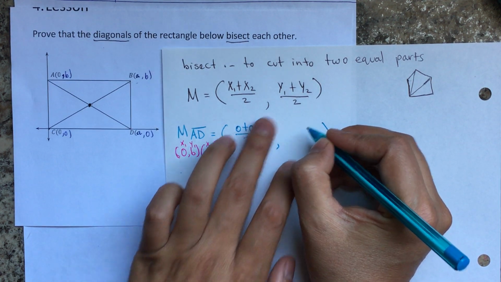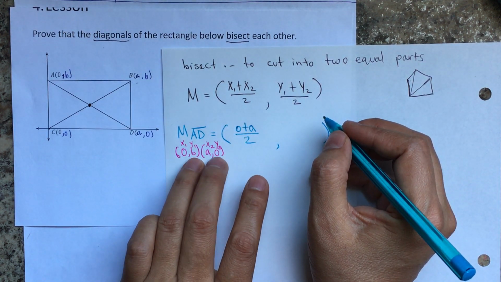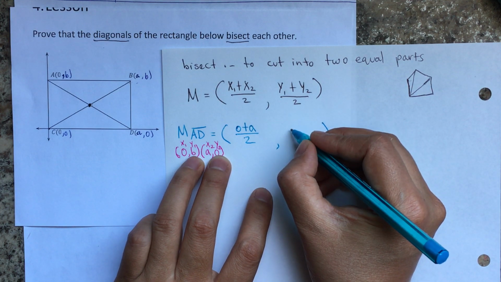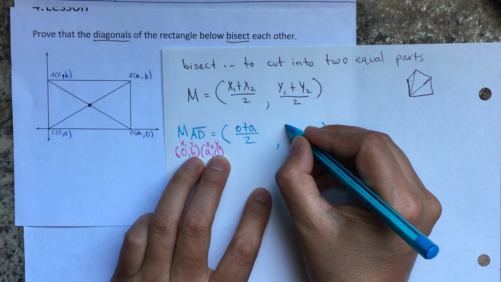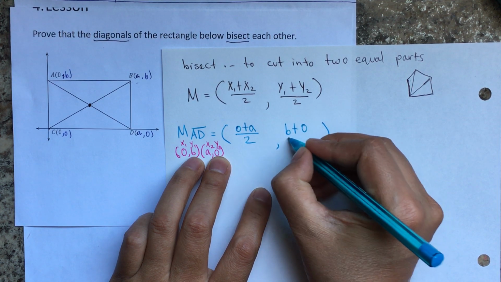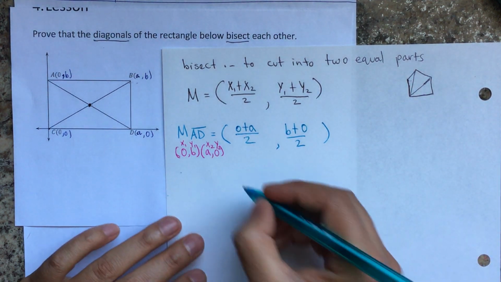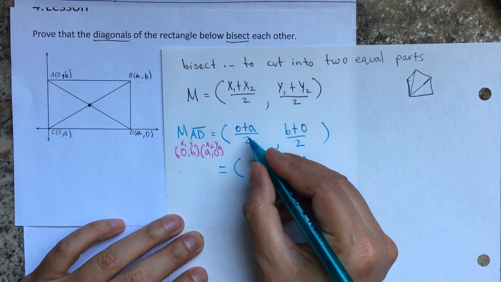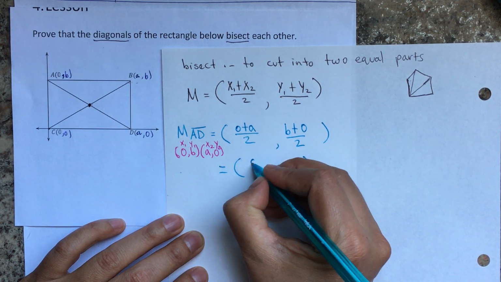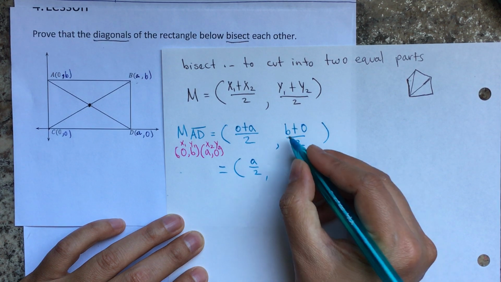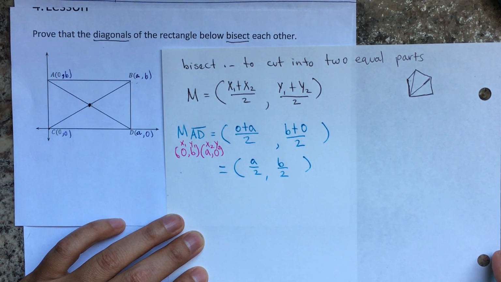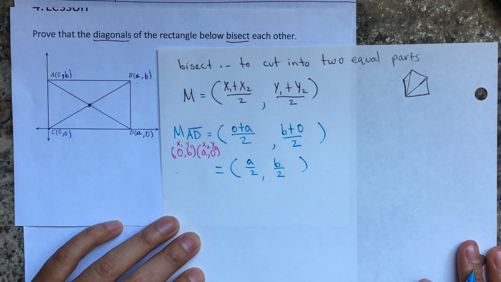And for y, I'm going to add the two y's, the second number or variable in each coordinate. So b plus 0 divided by 2. I simplify that, and so my answer will be 0 plus a is a divided by 2. b plus 0 is b divided by 2. So that's the first coordinate.